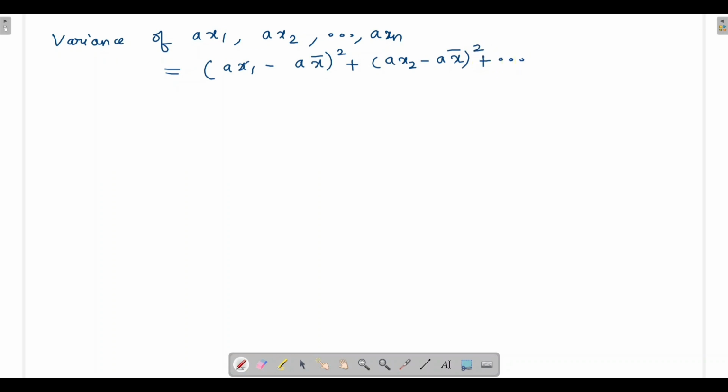Okay, then up to axn minus ax bar the whole square divided by n.